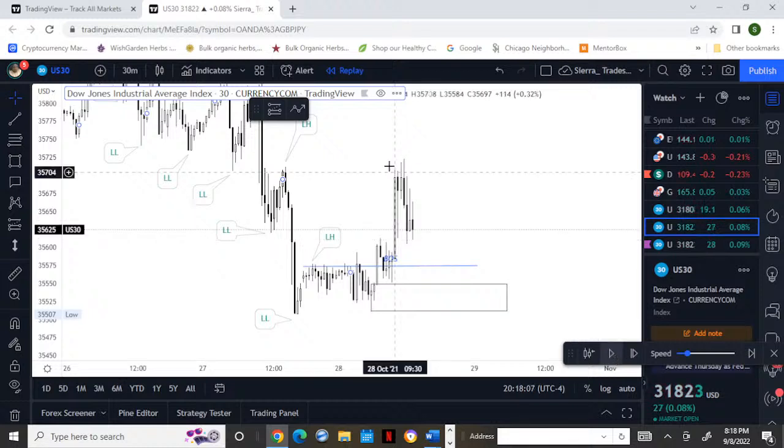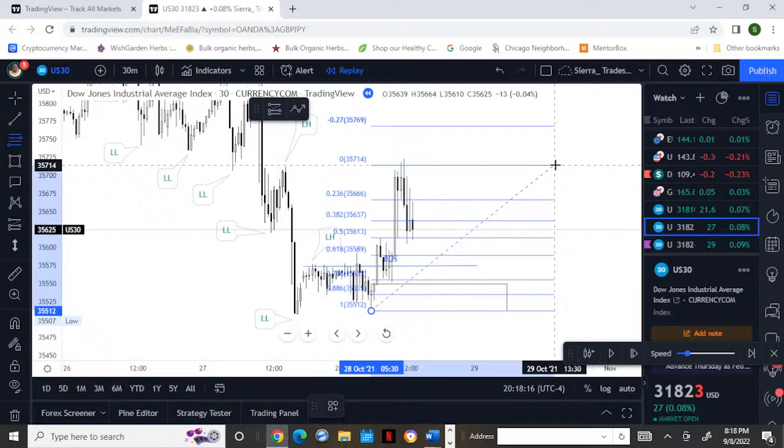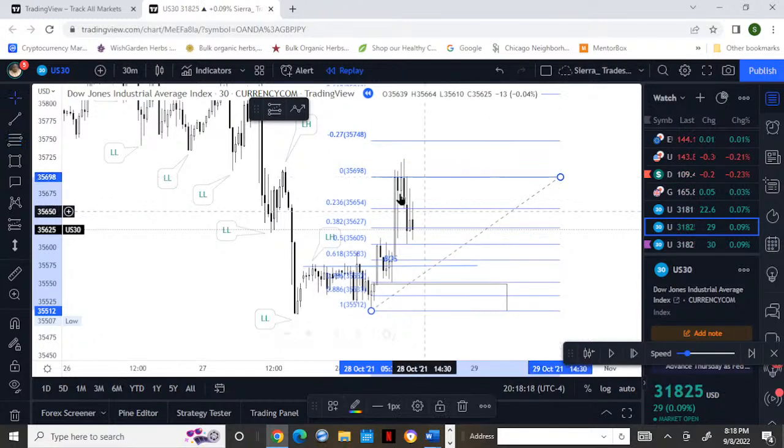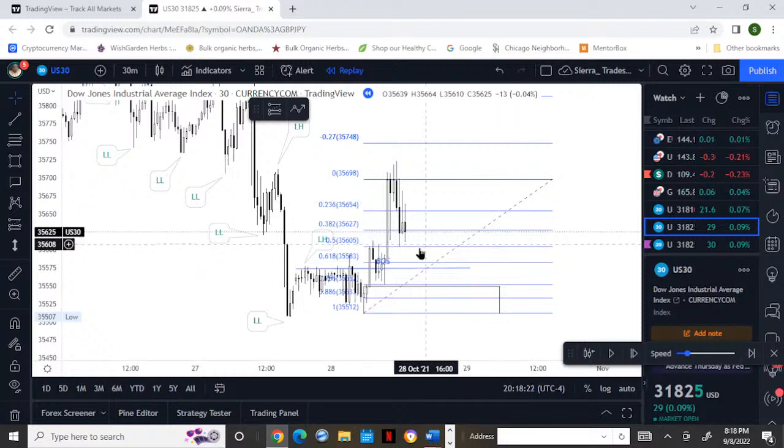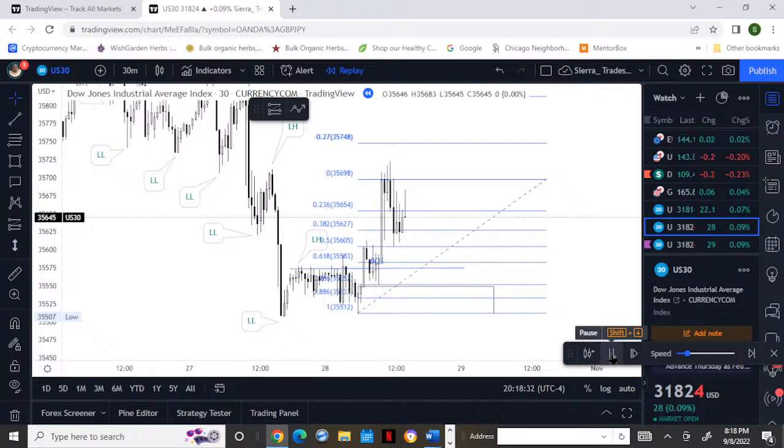Came right to it. So now that we got this pullback, I'm going to put the fib back at the bottom of this candle to the top of this one. Looks like price already came back to the 50 once.